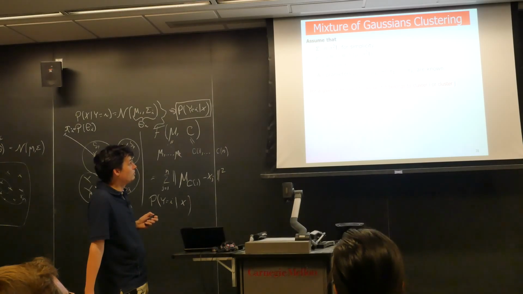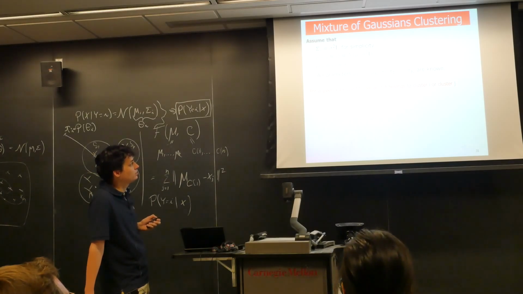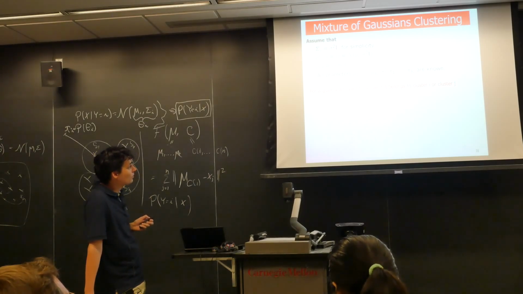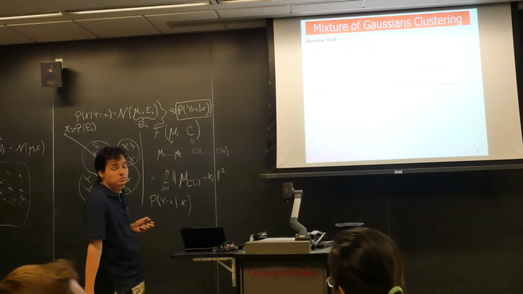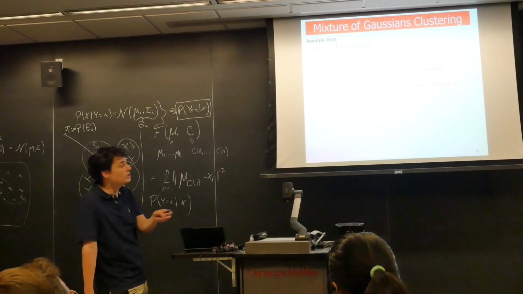So the probability of input point x, given that it belongs to cluster i, is a Gaussian distribution with some mu i and this covariance matrix sigma i. And we assume now, just for now, that all the parameters are known.